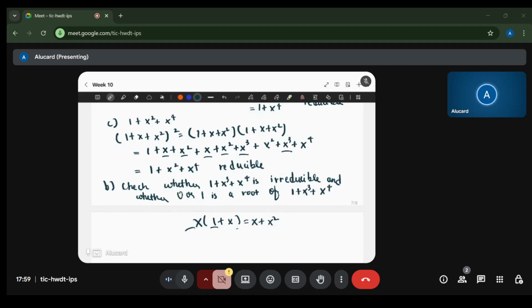So if you have already checked whether 0 and 1 are roots, and they are not roots of 1 plus x cube plus x power 4, then x plus 1 and x plus 0 are also not factors, which means that x plus x square also does not divide 1 plus x cube plus x power 4. So you need not check by division whether x plus x square divides it or not. These kinds of tricks you can use to check whether your polynomial is irreducible or not.